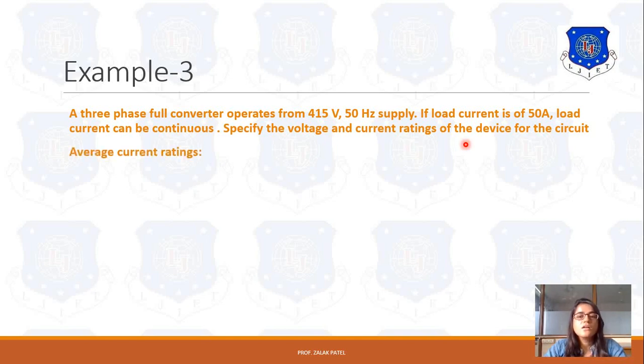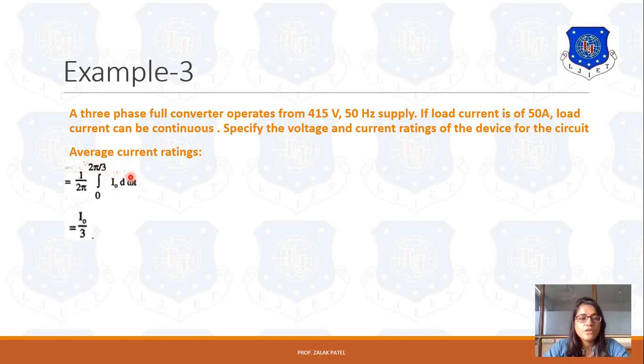Now first we calculate the average current rating. Here the RMS voltage and frequency is given. So the average current rating is given by 1/2 pi integral from 0 to 2 pi by 3, that is for full converter it is 120 degree, that's why 2 pi by 3, of I0 d omega t.